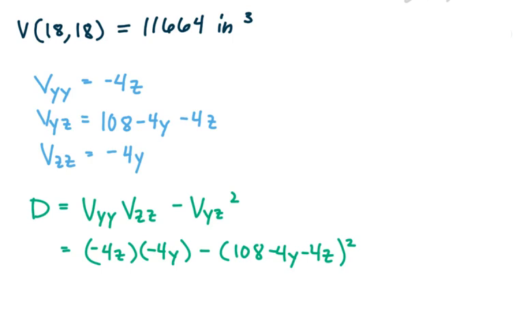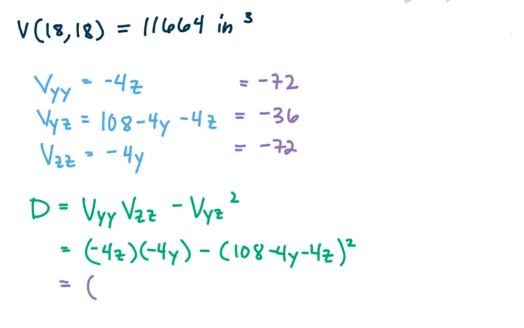Now we can plug that ordered pair 18, 18 in down here, or I can plug it into each of these and then evaluate it like that. Either way works. -4 times 18, I'm going to have -72. Evaluating VYZ at 18, 18 gives us -36, and -4y at 18 gives us -72.